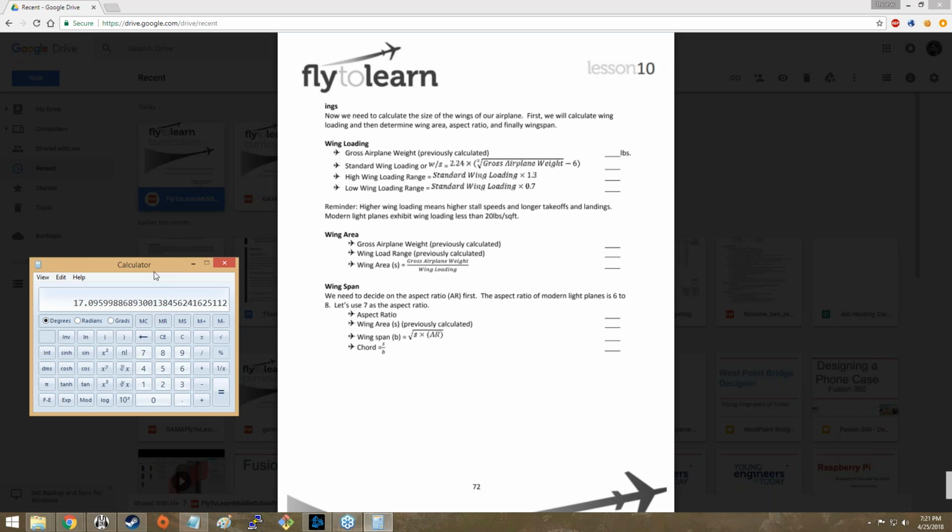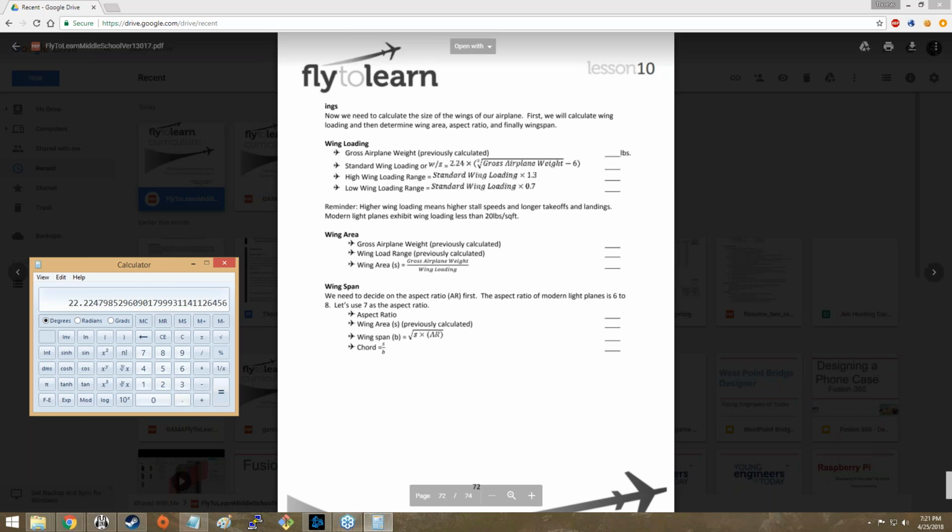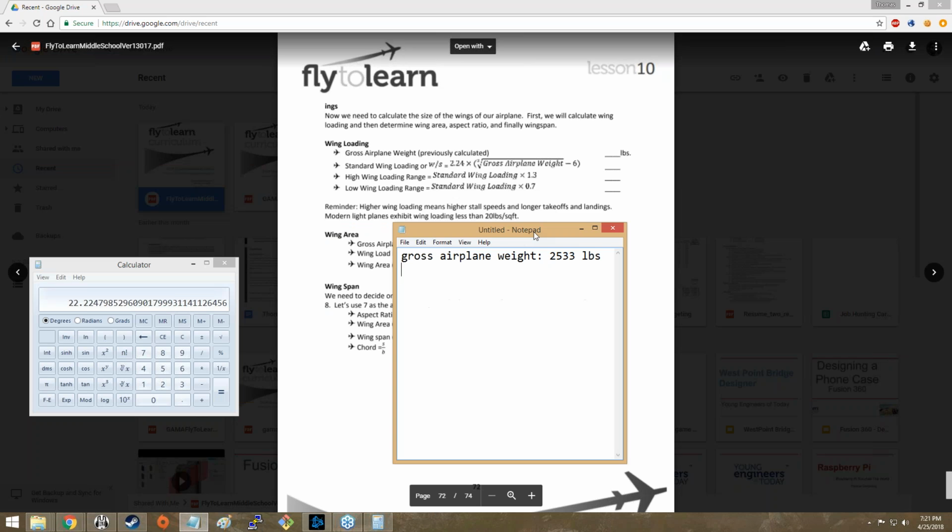So this could either mean this is the most that we could weigh down the plane, which I don't recommend, or this could mean this is the smallest that we can make the wings. The smallest that we can make the wings might make sense because if we make the wings smaller, we make the plane more maneuverable, and maybe it'll use more fuel, but whatever. So if we multiply this by 1.3, we get 22.24. And so let's actually note this.